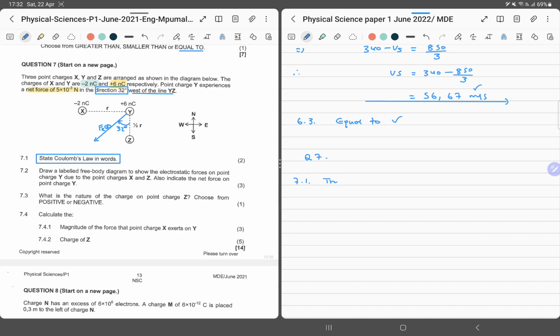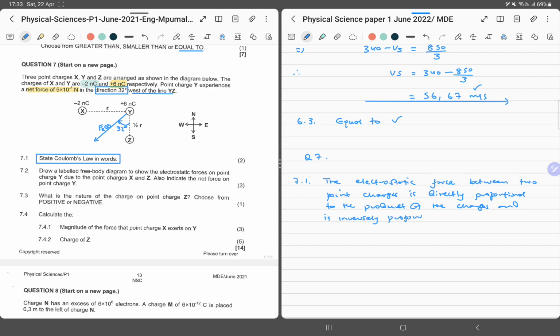So Coulomb's law says the electrostatic force between 2 point charges is directly proportional to the product of the charges and is inversely proportional to the square of the distance between them.